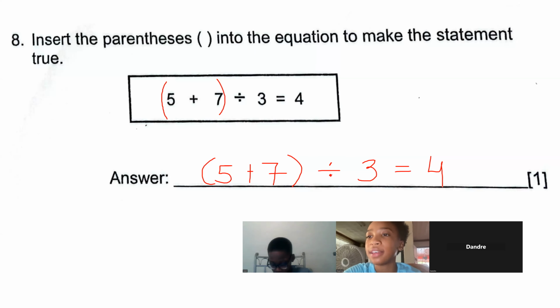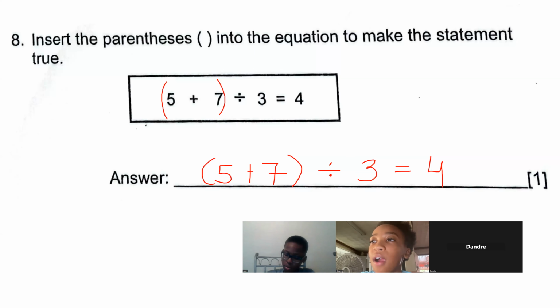So we have to put the parentheses by 5 and 7, and then we say 5 plus 7 is 12, and 12 divided by 3 is 4. Very good. And that's how we get our 4. Thank you, Deanna.